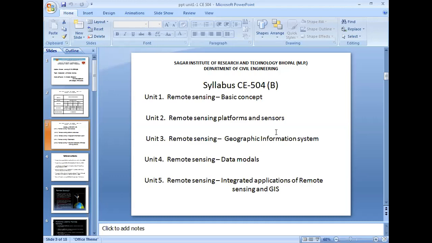Okay, and in the fourth unit, data models are there, and in the fifth unit, various integrated applications we will study.